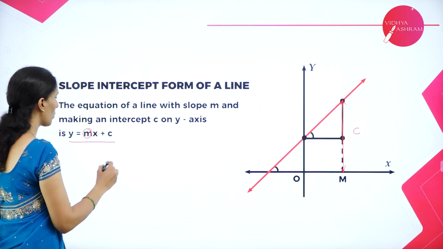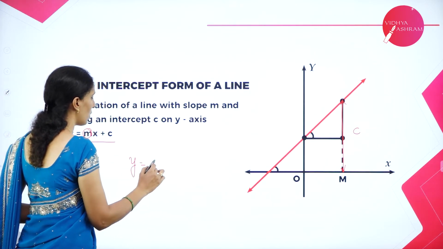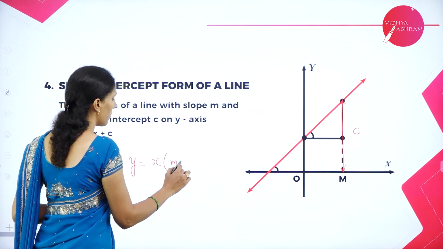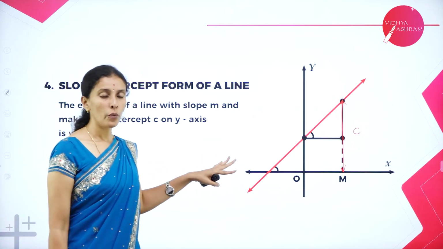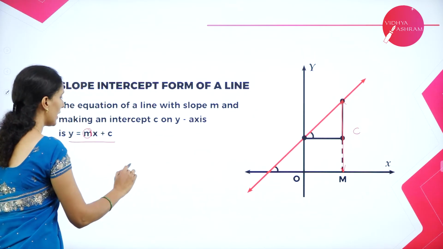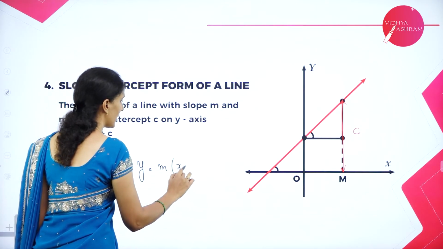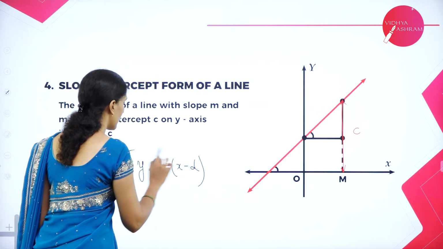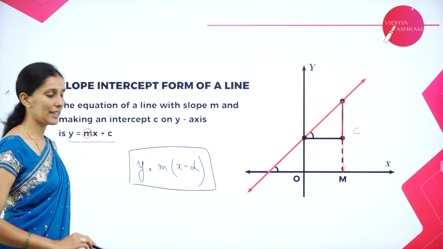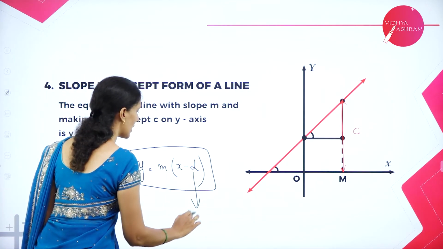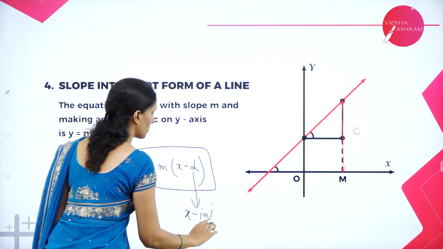We have one more equation, that is y is equal to m into x minus d. So this is when the x-intercept is given. Here d is nothing but the x-intercept.